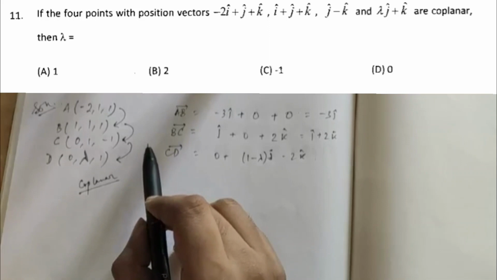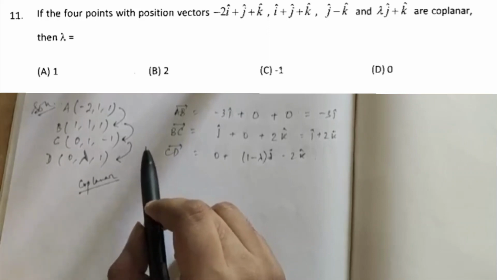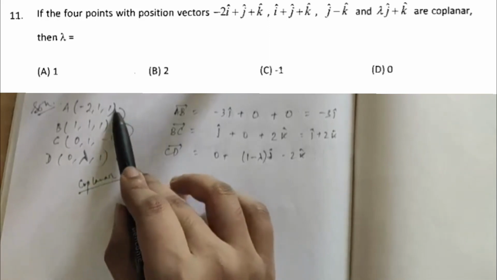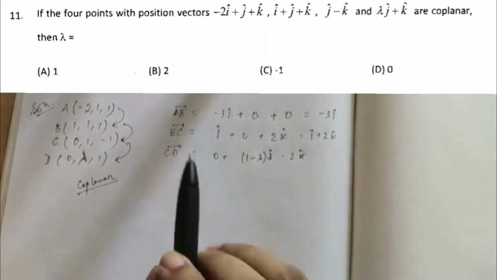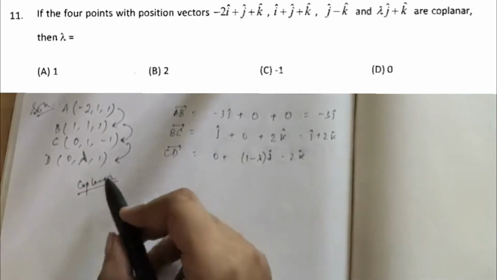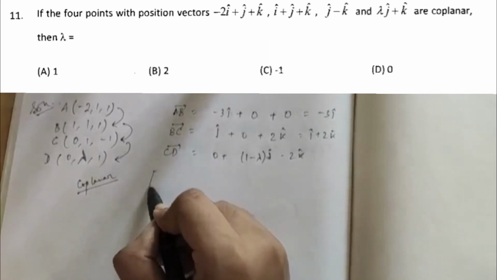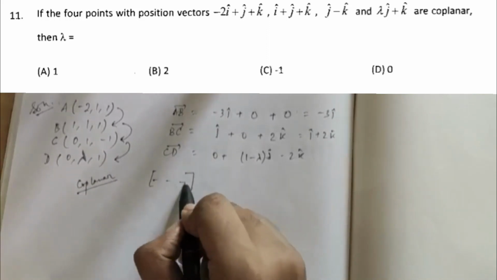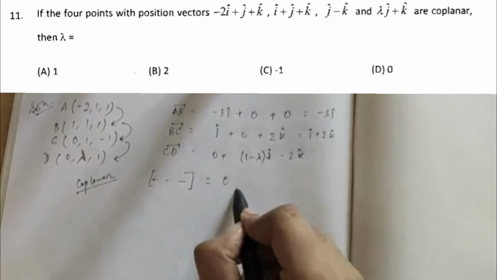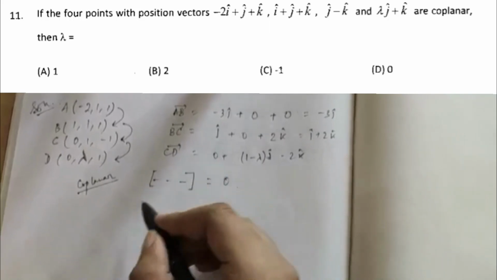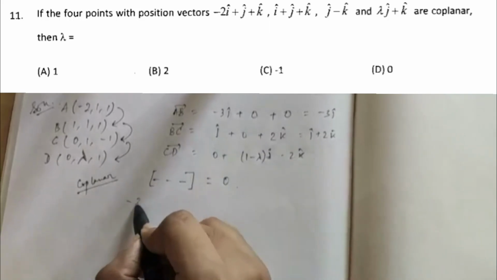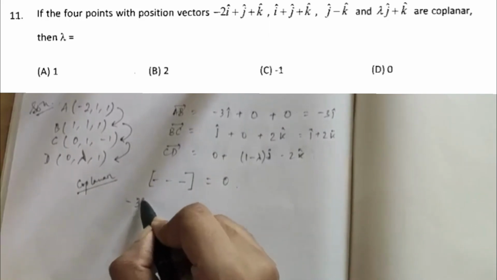If the mentioned position vectors are coplanar, then obviously their AB vector, BC vector and CD vector must also be coplanar. So if 3 vectors are coplanar, we know that the scalar triple product of those 3 vectors equals 0. So let us take the first vector, that is -3 i cap.